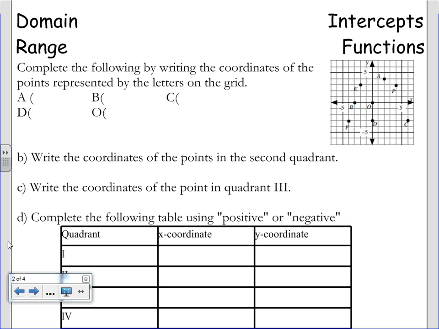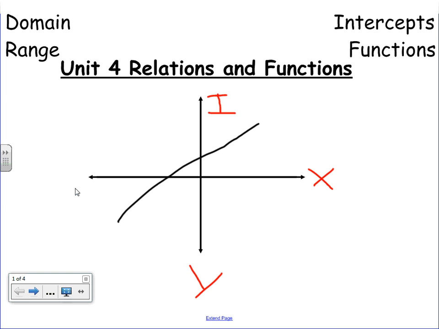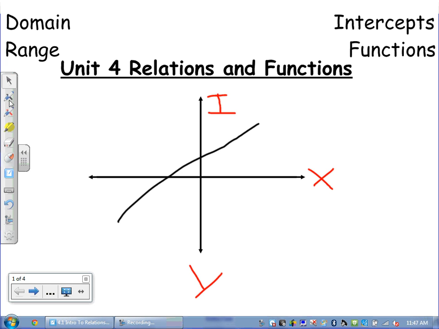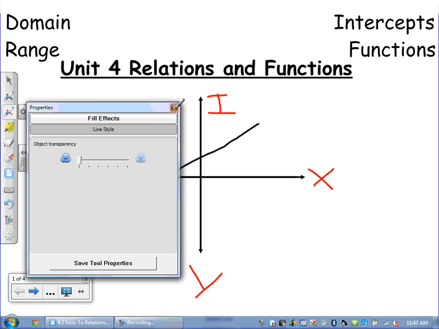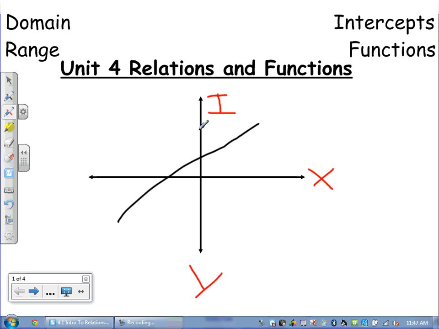So if you were to go back a slide like this, and you were to write out if it was positive or negative. For every time you have something up here, your coordinate should be a positive number and a positive number.